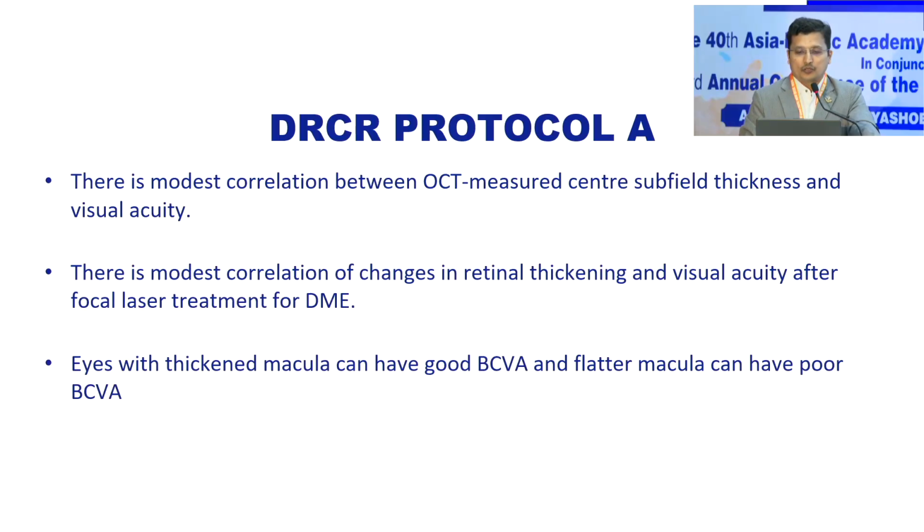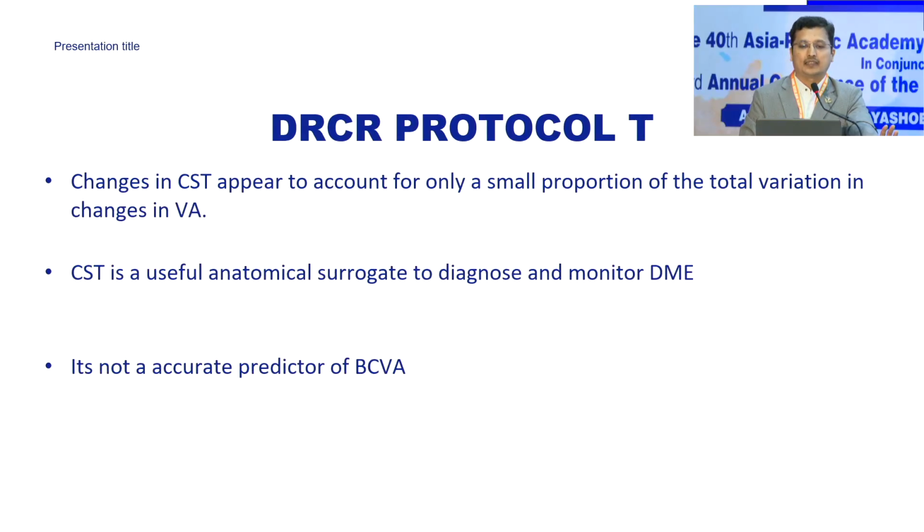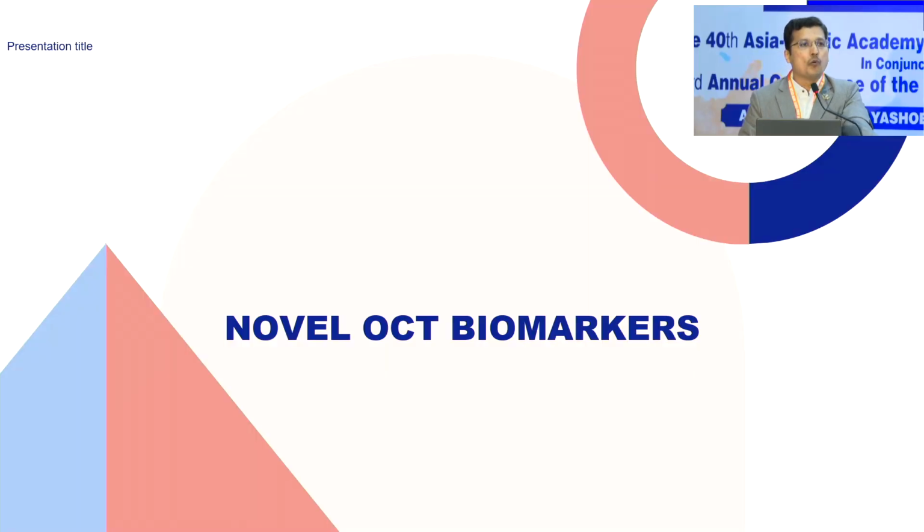It is a modest correlation between the visual acuity and the central macular thickness. Protocol T, after so many years, also told that it's not an accurate predictor for the visual acuity. So we need more biomarkers.